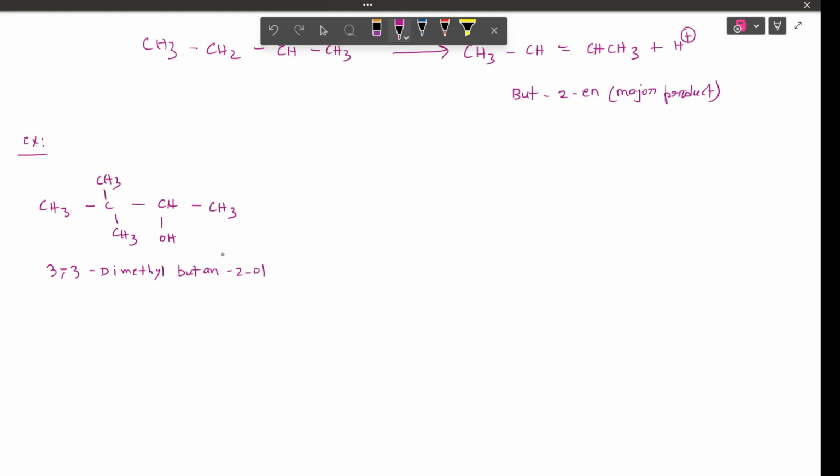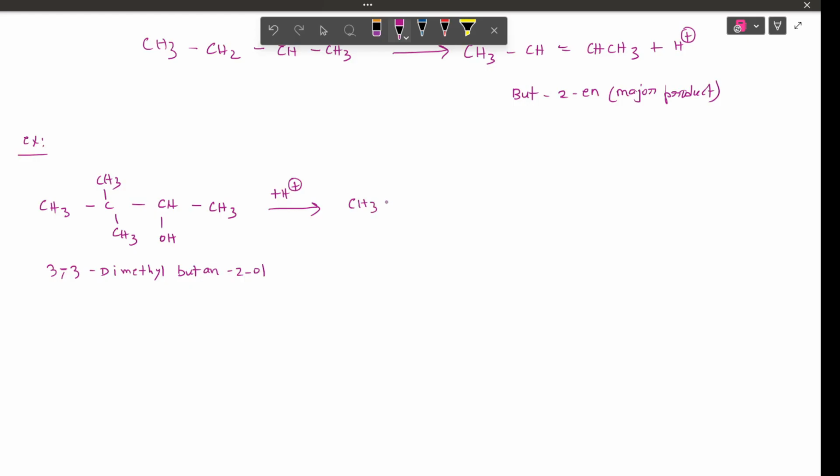Now from this 3,3-dimethylbutan-2-ol, in this case, the initially formed carbocation is a secondary carbocation, right? The carbocation will form here. We are doing it in acidic medium. Let us say H plus proton is there, and it will attach to the alcohol.